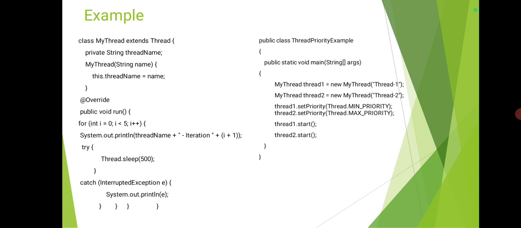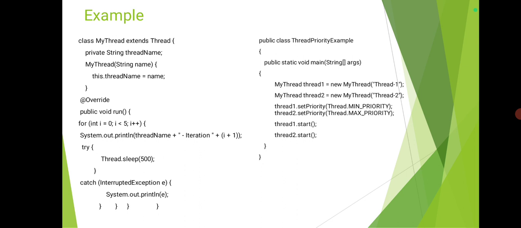In this method I'm assigning threadName equal to the name, which I have declared as a private variable. Okay, then I'm overriding the run method. In this run method I'm giving some conditions to execute a thread. So it should execute while i is less than 5, printing threadName plus iteration plus i plus 1. So it should execute less than 5 only.